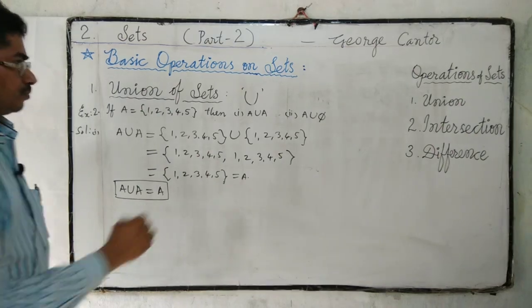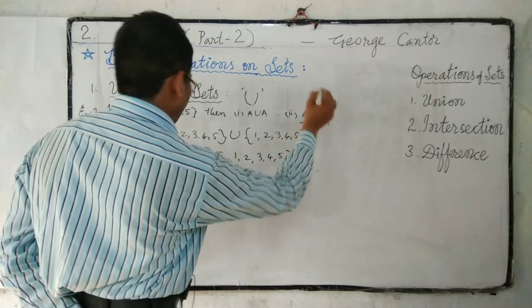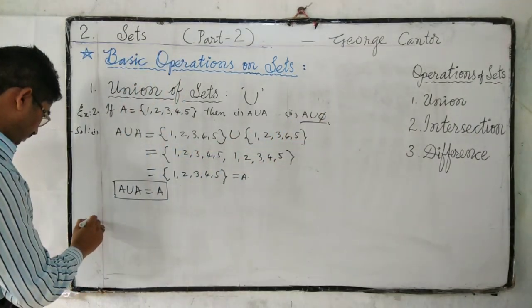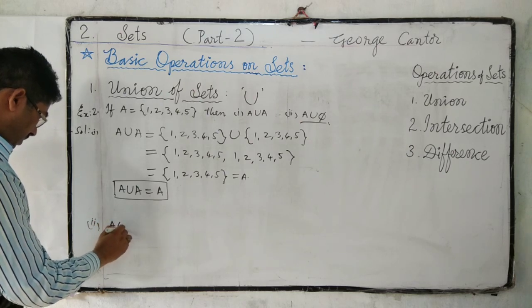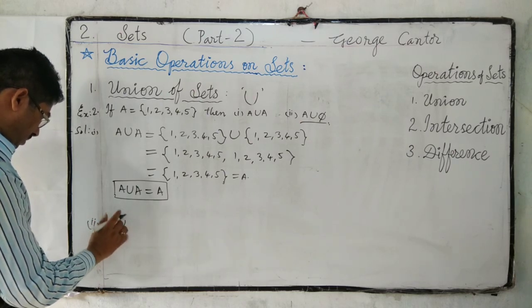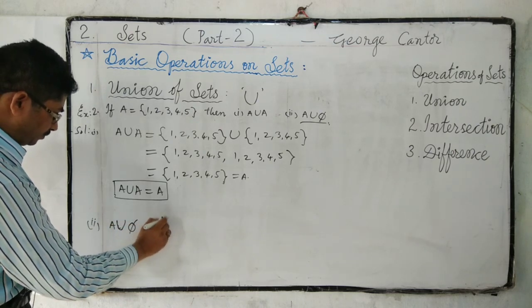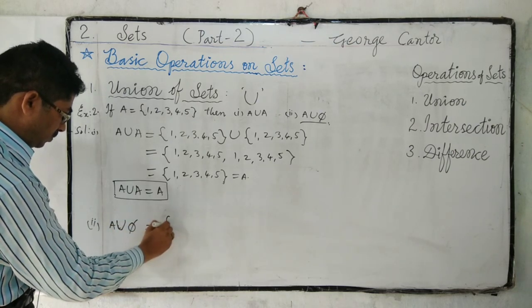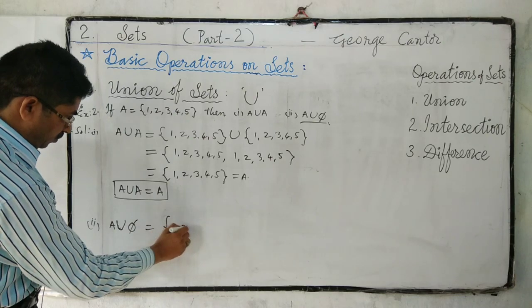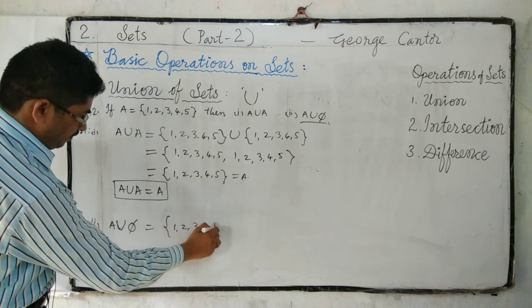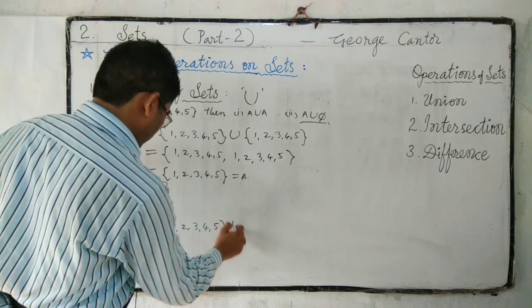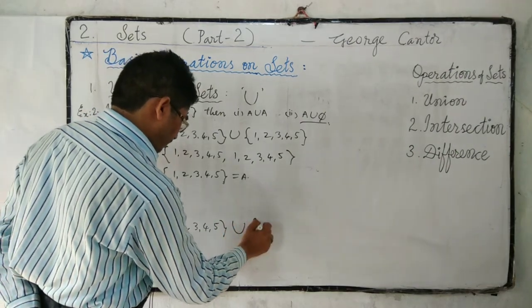Next, A union the empty set. A is equal to 1, 2, 3, 4, 5 and the empty set.